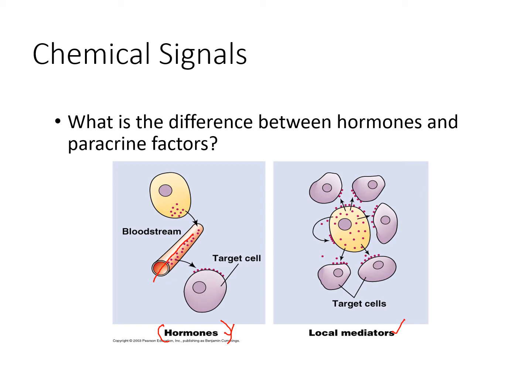So in other words, in the endocrine system the hormones have systemic distribution, while the local mediators are signals between the cells that release those ligands towards the neighboring cells. While this one is more systemic.